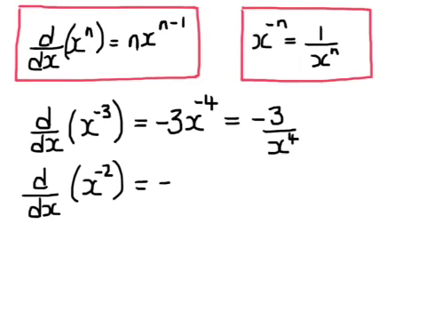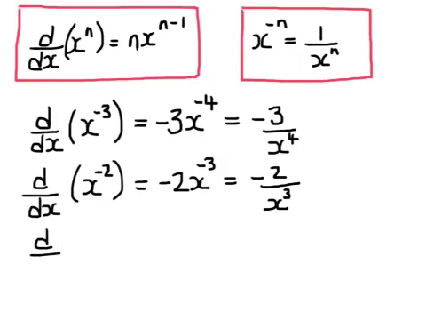So that's going to give me minus 2 times x to the power of, and if I reduce minus 2 by 1, I get minus 3. And similarly, if I want to rewrite x to the power of minus 3, I just take it down below the minus 2, and that will give me minus 2 over, and that will change to x to the power of 3, or x cubed.